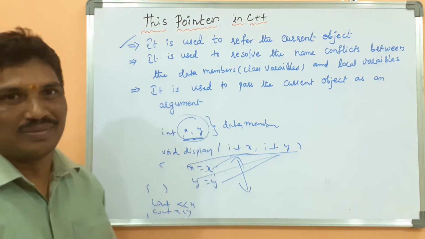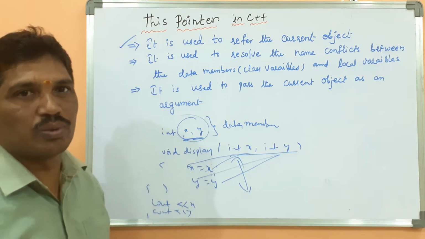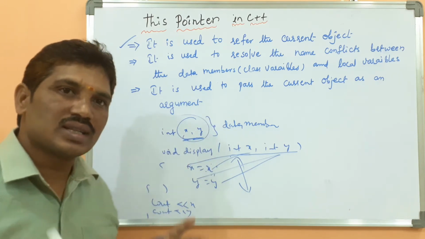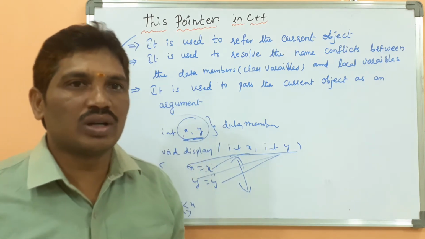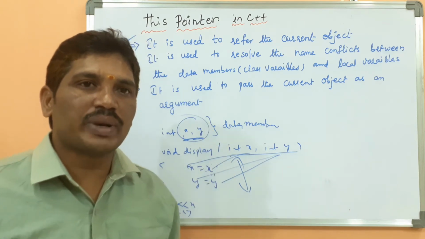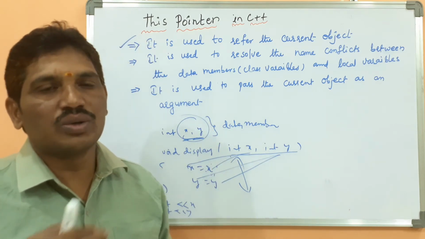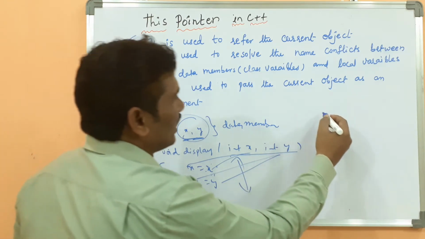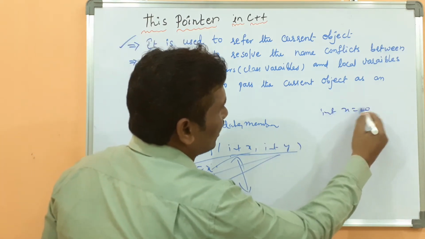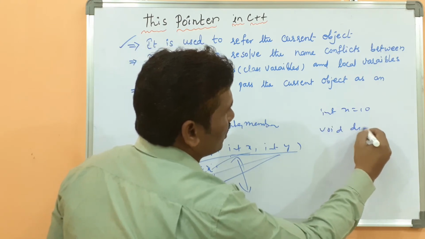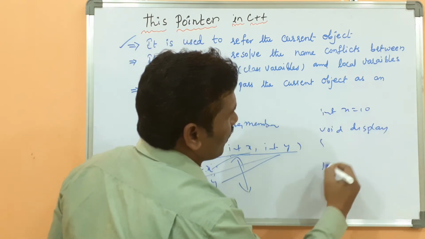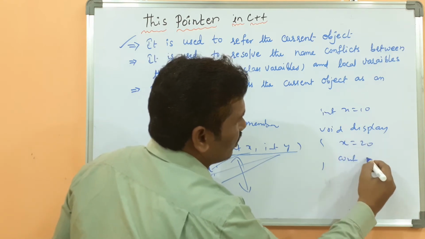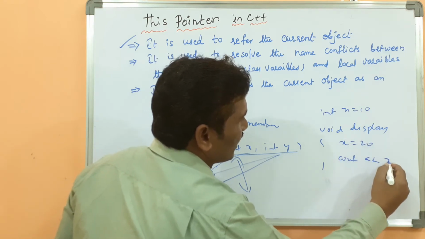This is a problem. How do you resolve this kind of problem using the this pointer? If you are using a global variable and a local variable, the priority is given to the local variable. Suppose here int x equal to 10, and in the display function again x equal to 20, and cout x.